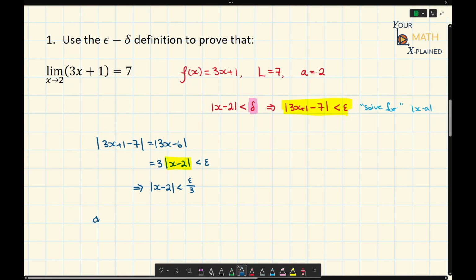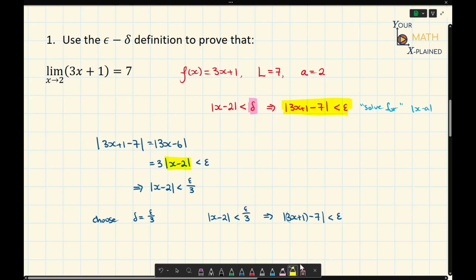So therefore, we can now choose our delta and let it be equal to epsilon over 3. And this is because if we choose that to be our delta, then that means the absolute value of x minus 2 is going to be less than epsilon over 3, and that implies that 3x plus 1, which is our function, minus the limit, which is 7, is going to be less than epsilon.